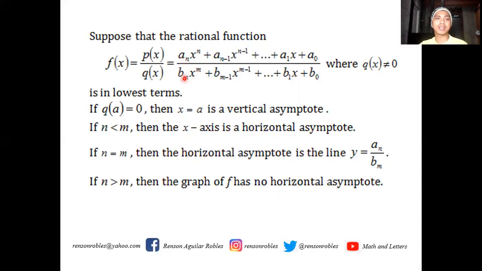So that's a sub n over b sub m. And if n is greater than m, then the graph of f has no horizontal asymptote, meaning if the degree of the numerator is larger than the degree of the denominator, then the graph of f has no horizontal asymptote. And that is observed from our previous examples.